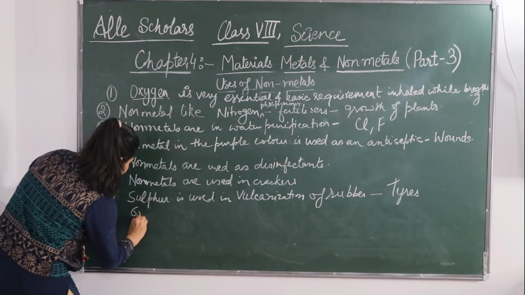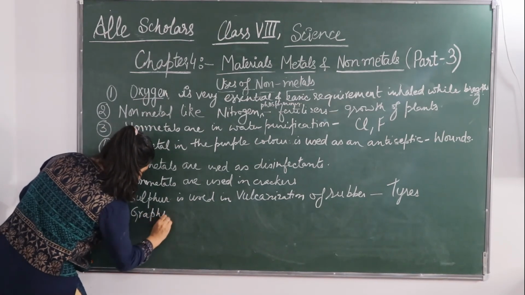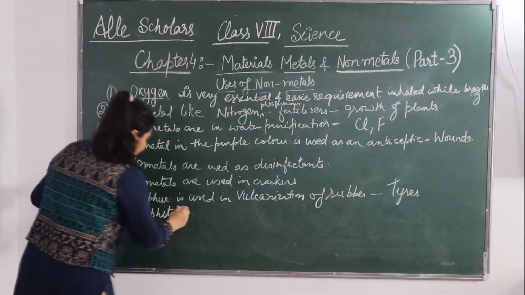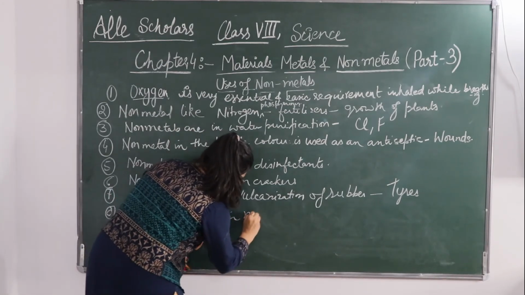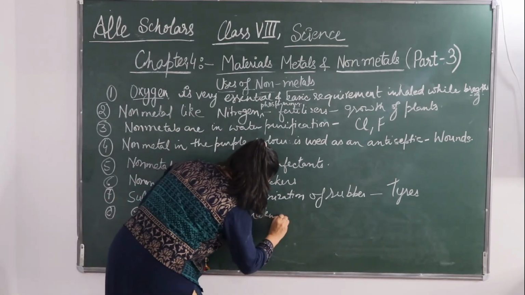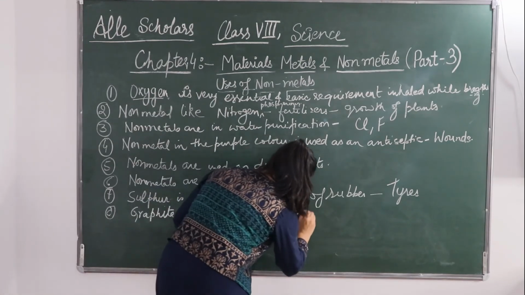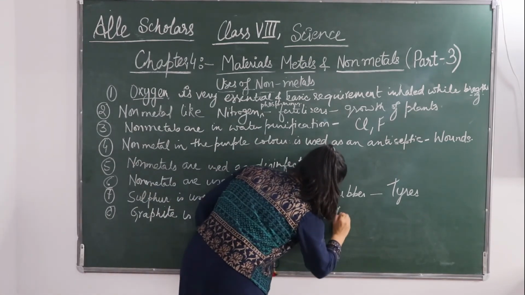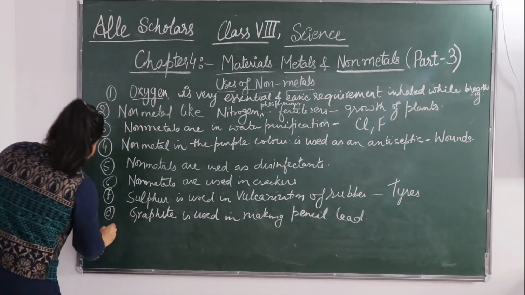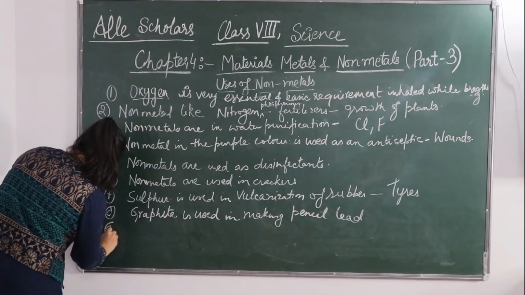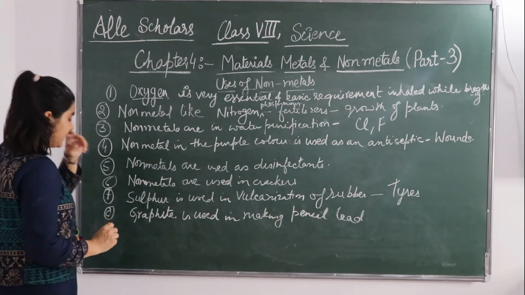So graphite, a very good non-metal, is used in making pencil lead.